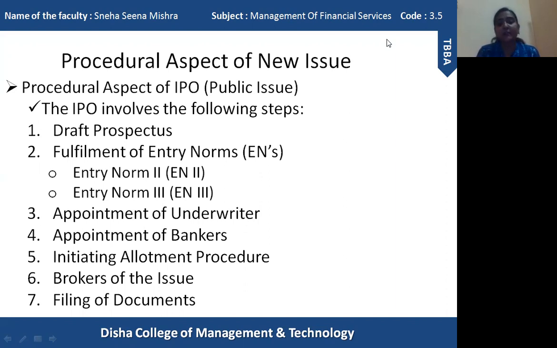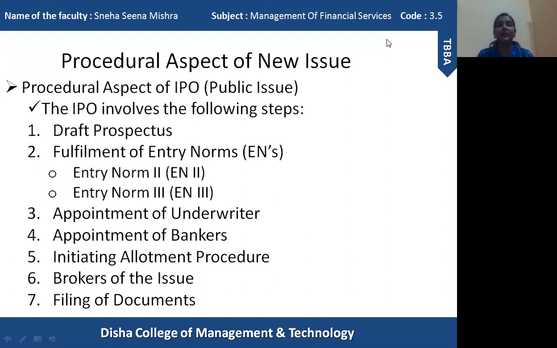The first point is called draft prospectus. The prospectus is that document which contains each and every detail regarding the issue, regarding the total number of shares, the company's name, the names of the directors. I have already mentioned the different elements needed to be mentioned in the prospectus in the previous session, in which I explained about IPO, the features of IPO, advantages and disadvantages.